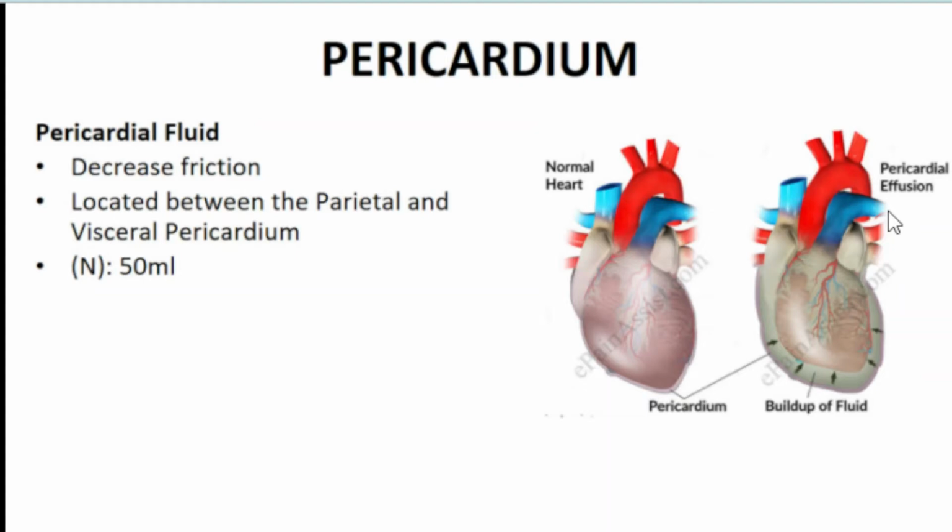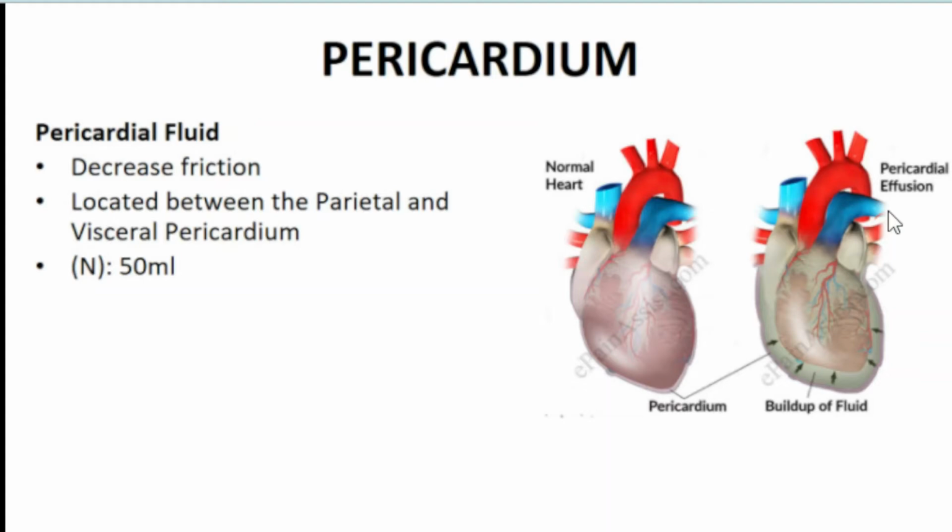Now, if there is too much fluid in that space, no, what do you think will its effects be to the heart? Number one, it will constrict the expansion of the heart, or it will limit the expansion of the heart because the space that should be occupied by the heart when it stretches has already been occupied by the fluid. Secondly, it will compress the vessels of the heart, no?